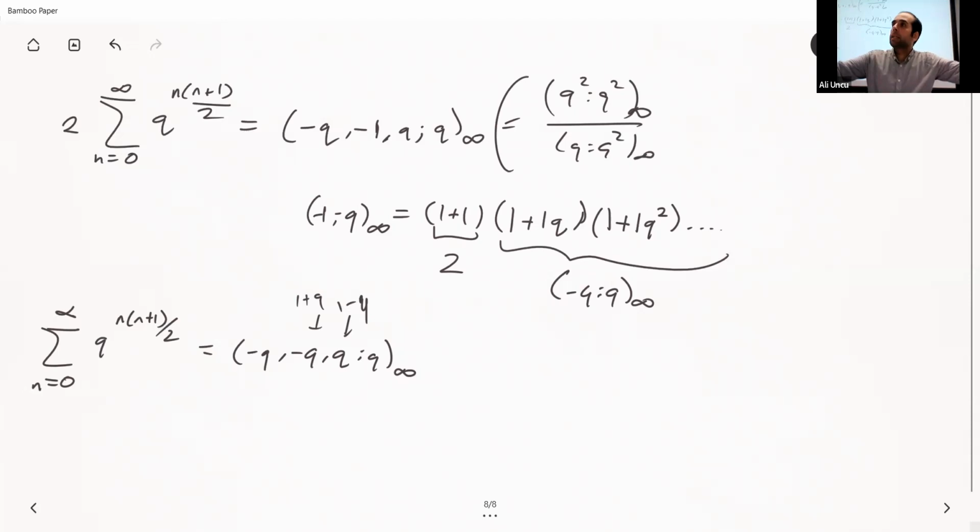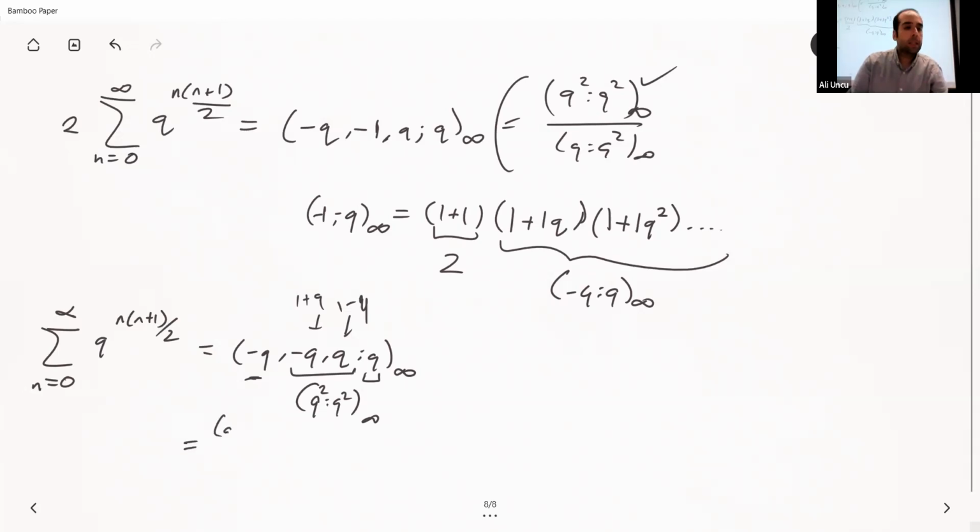So x minus y times x plus y is x squared minus y squared, right? So if you combine these 2, minus q and q base q, that is a q squared sub infinity. Cool, so that front top portion is gone. Now, what is this generating function? Minus q base q sub infinity is the generating function for the number of distinct partitions, right?